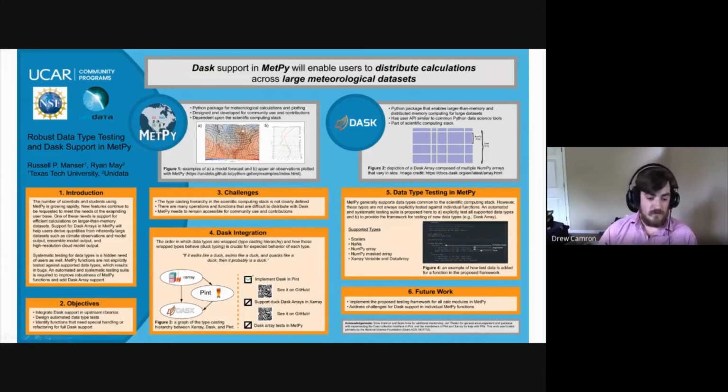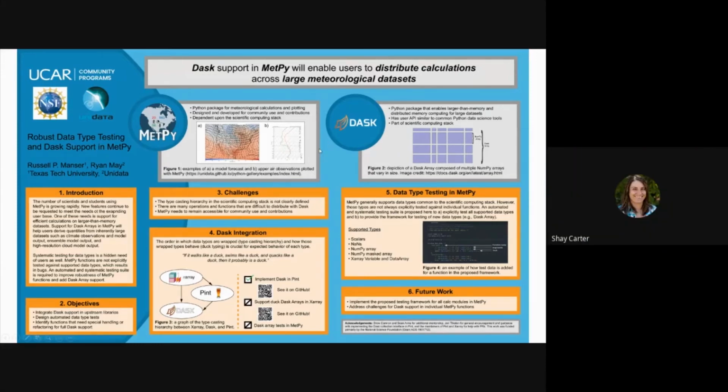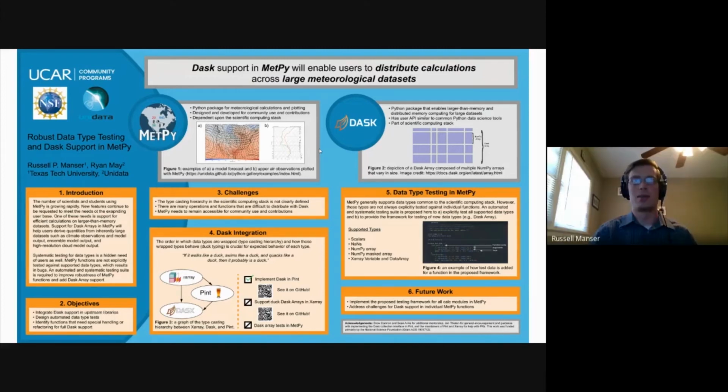Cool. Thanks. I have a quick question. Does Dask work directly with NumPy arrays then? Like, did you not have to do any implementation for that, or do they not work together? So NumPy is way at the bottom of the scientific computing stack, and all of these other array-like libraries build off of it.